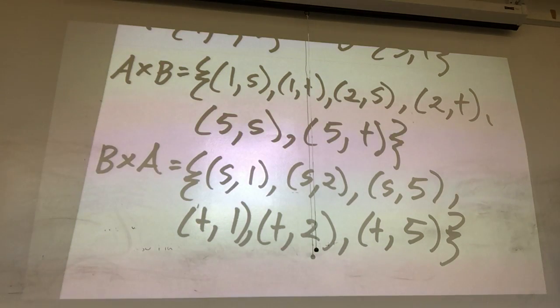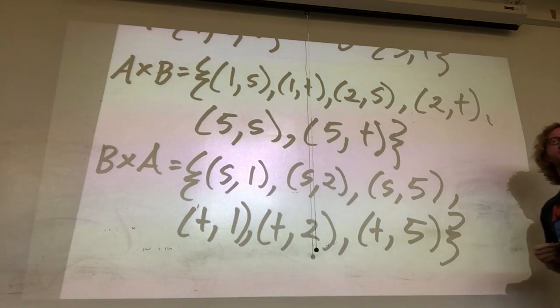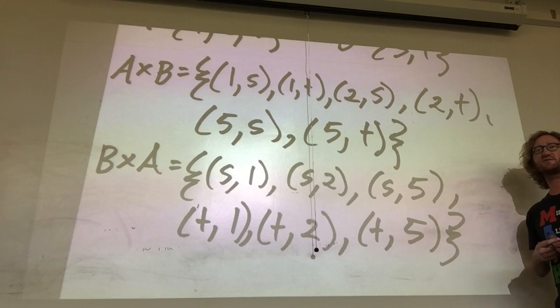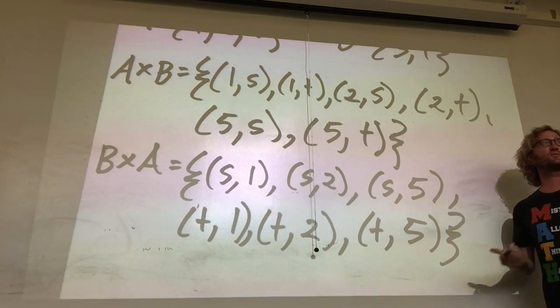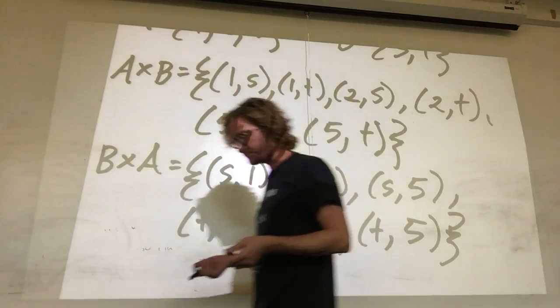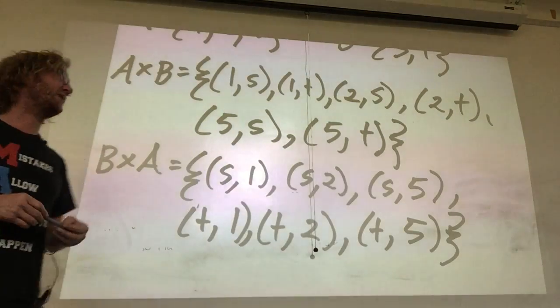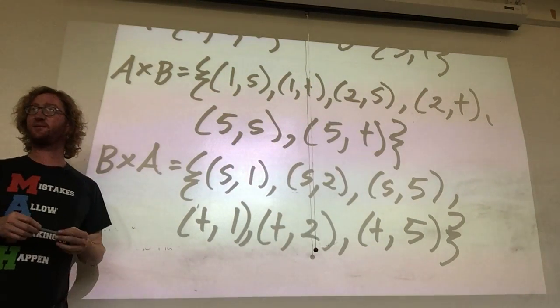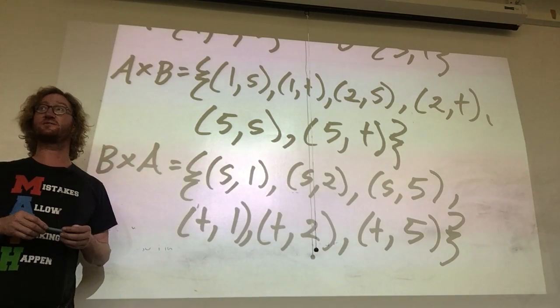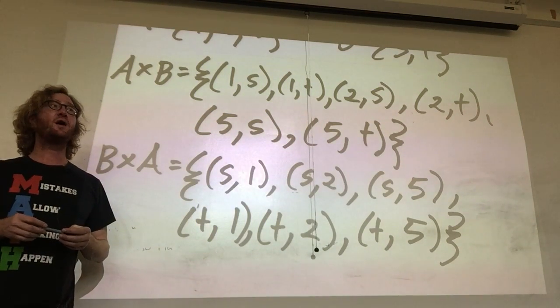So A cross B does not equal B cross A. So this is an example of an operation which is non-commutative, versus our normal idea of multiplication. And there are actually a lot of operations within mathematics that are not commutative, meaning if you do it forwards and backwards, it does not mean the same thing, okay?